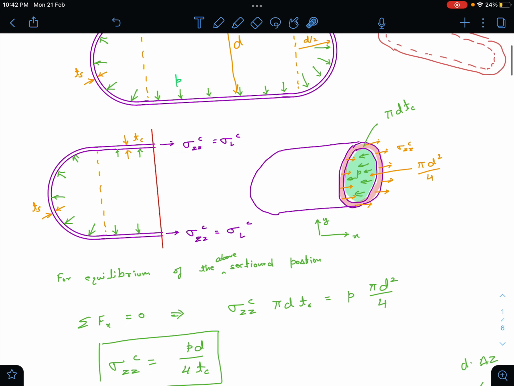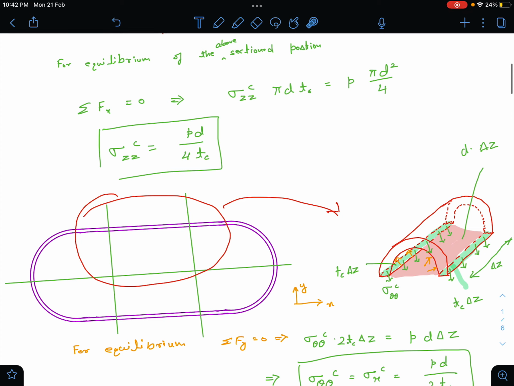Okay, now if we cut the same cylinder into this much portion, this and this, I have shown a half cylindrical portion over here.